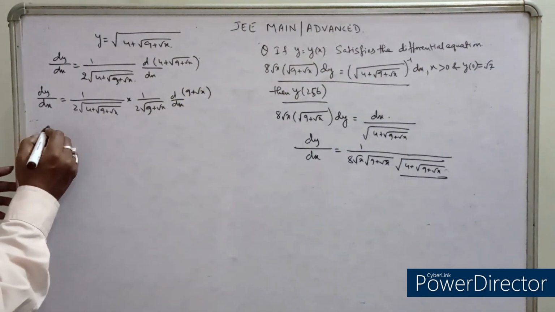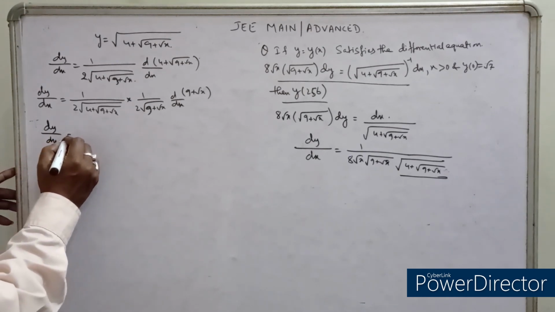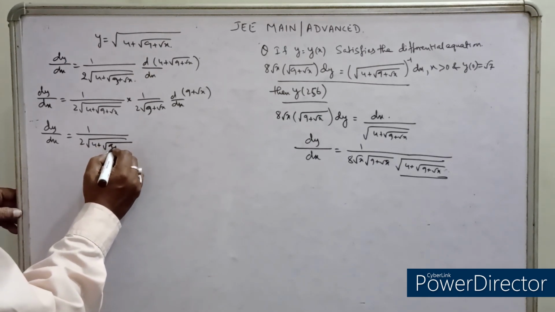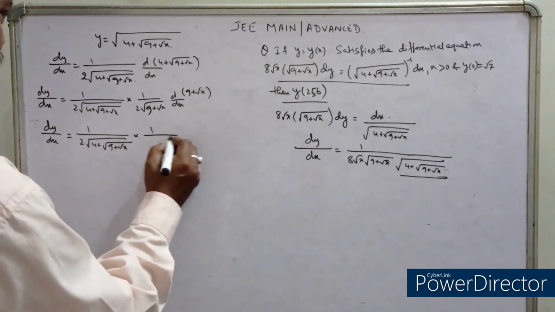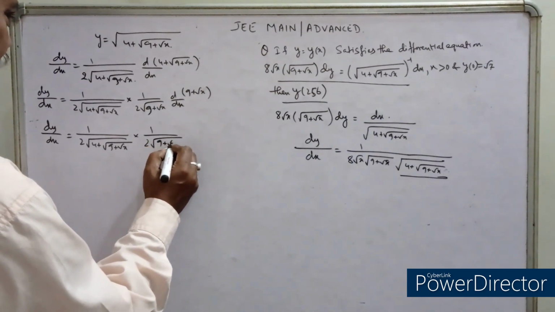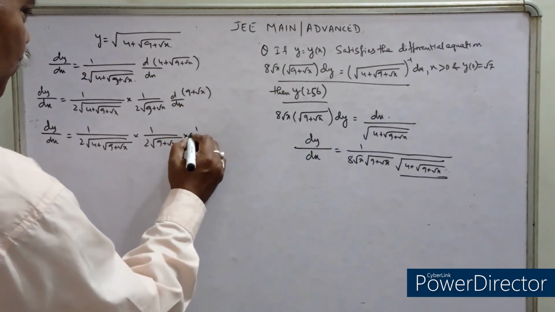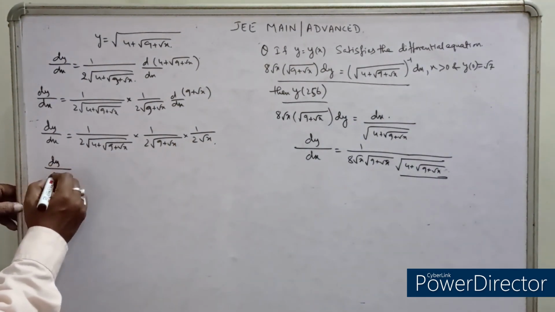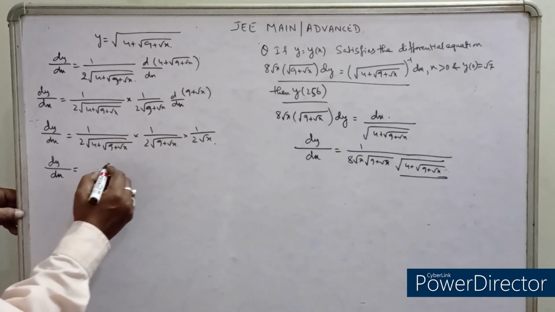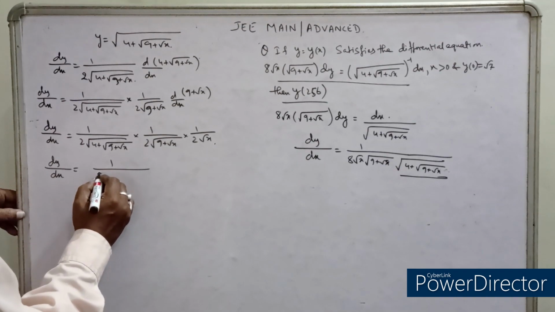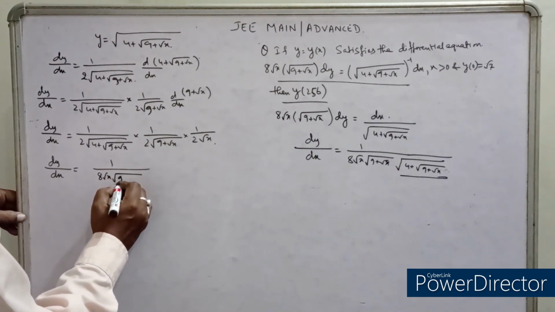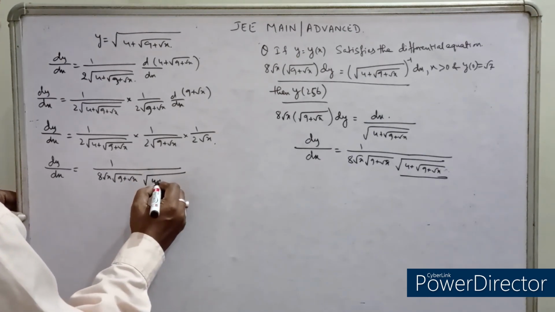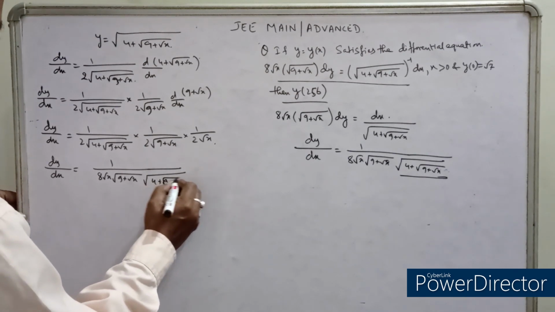Now again dy by dx is 1 by 2 root 4 plus root 9 plus root x, and this is 1 by 2 root 9 plus root x, and this constant is 0, 1 by 2 root x. So dy by dx is equal to 1 by 8 root x root 9 plus root x, and then root 4 plus root 9 plus root x.